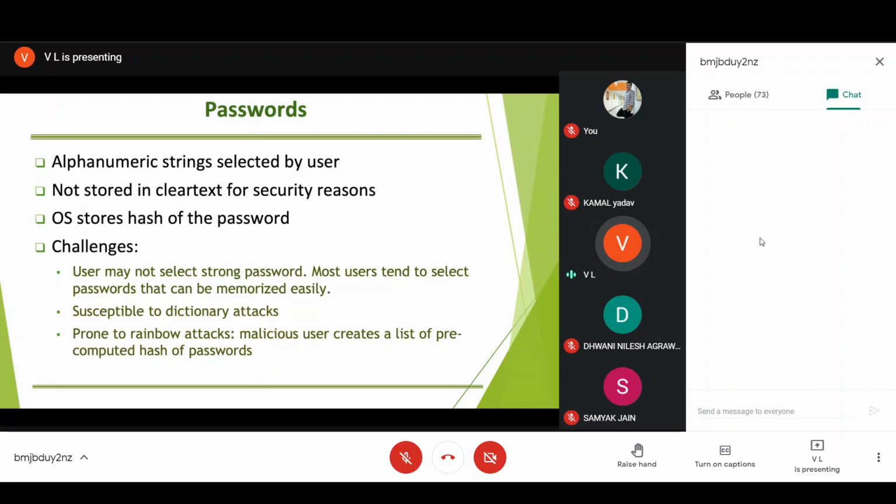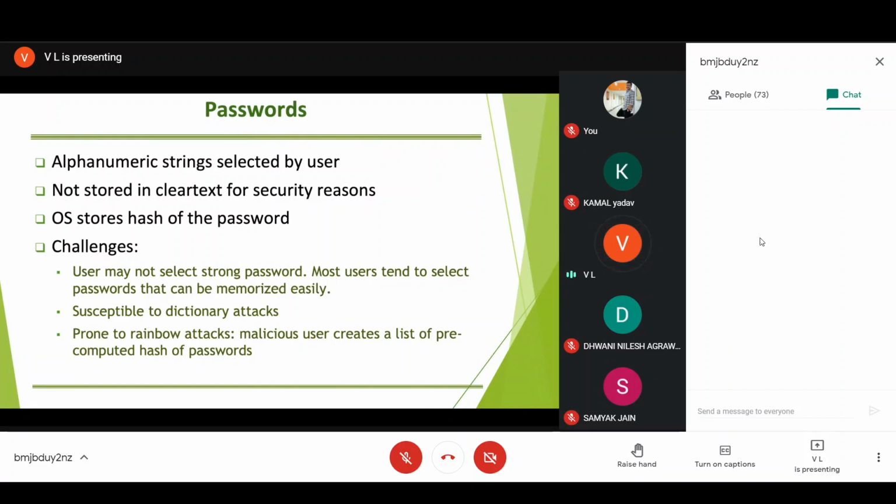So the main challenge in the password is that most of the users do not tend to use a very strong password, because if they use a very strong password, then they may not be able to remember it. So this becomes susceptible to dictionary attacks. In a dictionary attack, an attacker will create a list of most commonly used passwords and try to guess the password of a user on the basis of that.